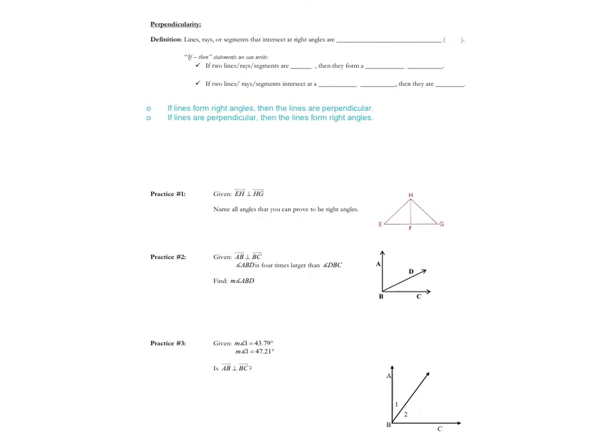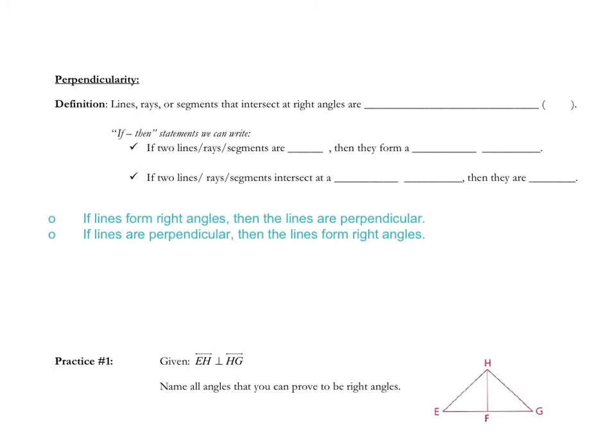Okay, first of all, what does it mean to be perpendicular? So if lines, rays, or segments intersect at a right angle, they are considered perpendicular. Okay, and we use this little upside down T symbol to represent perpendicularity. So here are some more of those definitions that you guys need to know.